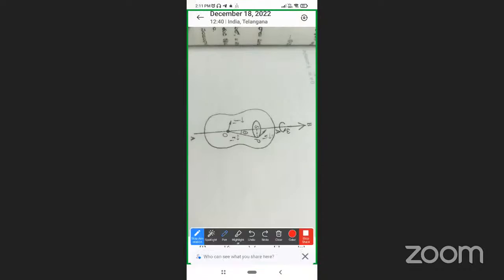This is the angular momentum and inertia tensor.